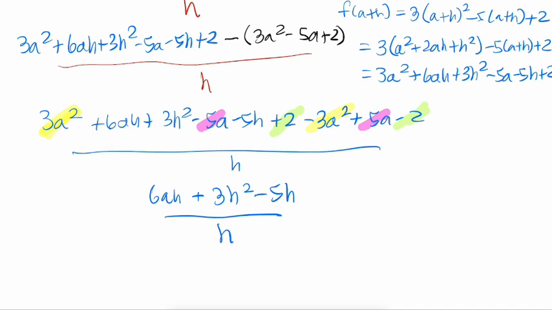So if the h doesn't go away, check your work, you did something wrong. That h is on the bottom, under everything, so we have to divide it into everything. Our final answer would be 6a plus 3h minus 5. Are we good there? Make sense?